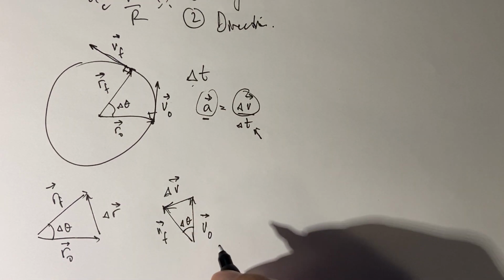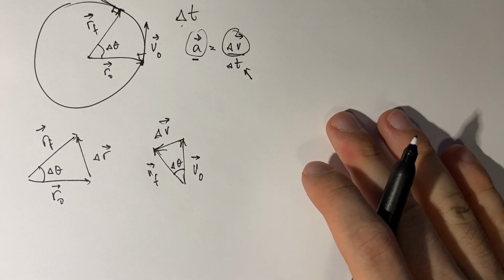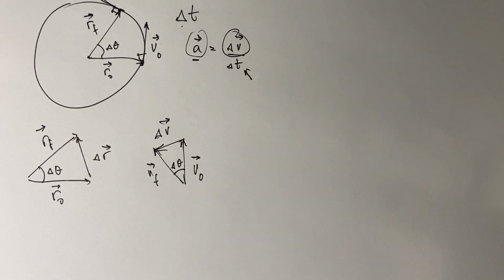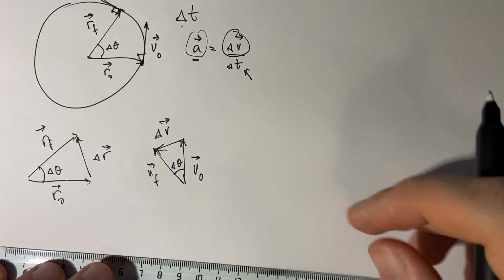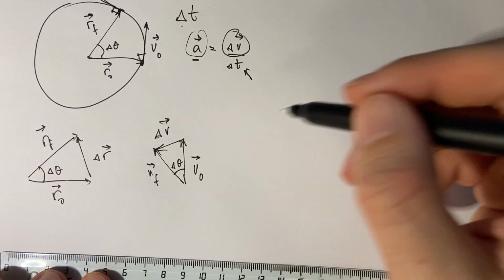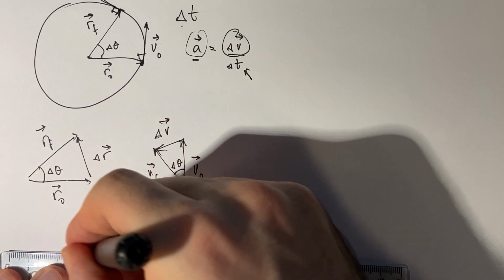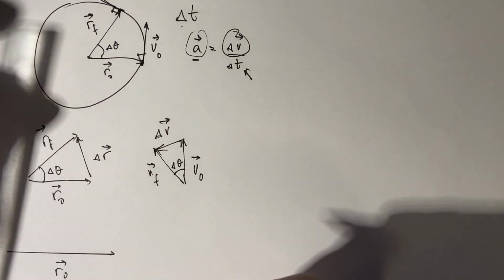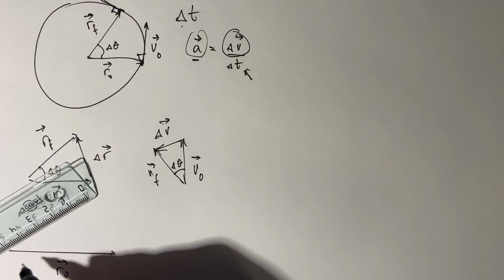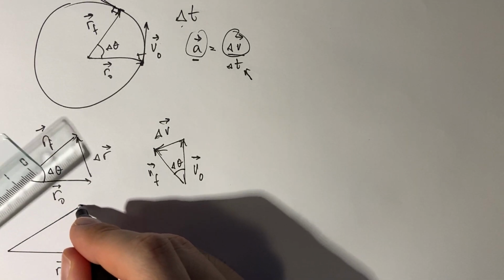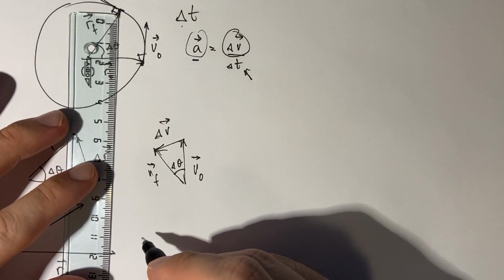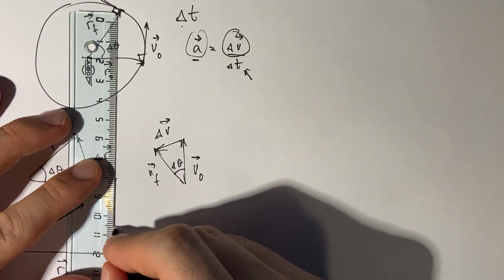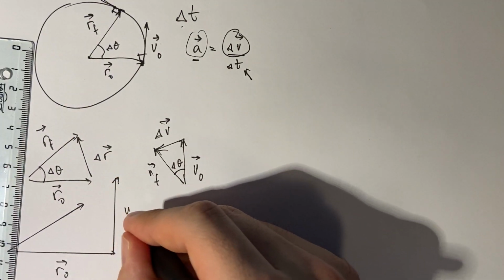That's quite obvious, but I can draw it for you so that you see that's a fact. We can consider a triangle with one side being the initial velocity vector, the other side being the final vector. These are not to scale, of course. And then we can draw the velocity vectors here as well.